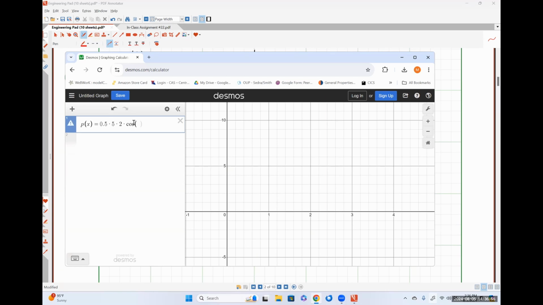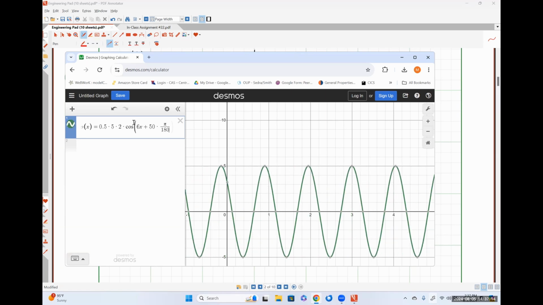Earlier omega was 3, so that's just going to look like 6x, and then plus some generic phase angle. So let's just put in 50 degrees, whatever theta V plus theta I happens to be. That should be 180.